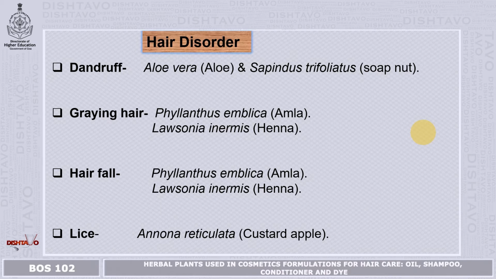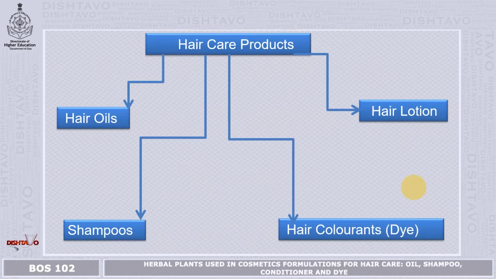For this the plants used are Phyllanthus emblica and Lawsonia inermis, that is amla and henna. For hair fall we have Phyllanthus emblica, amla, and Lawsonia inermis. For the problem of lice, the plant used is Annona reticulata, which is commonly called custard apple.